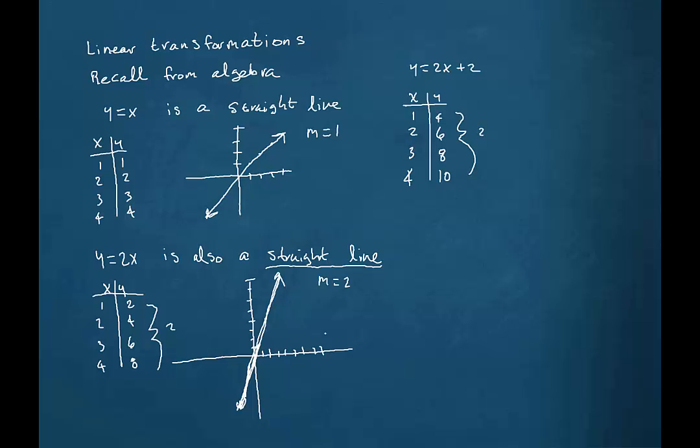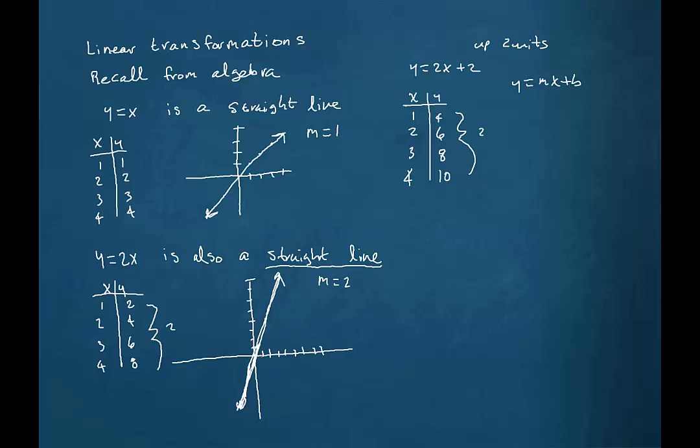And what does that do to the graph? Well, it doesn't do anything more than just shift it up 2 units. And we know that because we're in this y equals mx plus b form that we're used to from algebra. And where our slope is 2 and our y-intercept is 2, it just means we're taking this line right here and shifting it up 2 units.